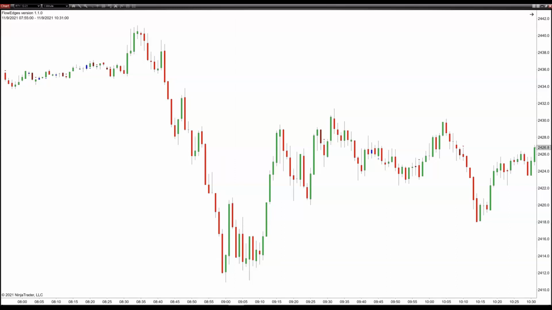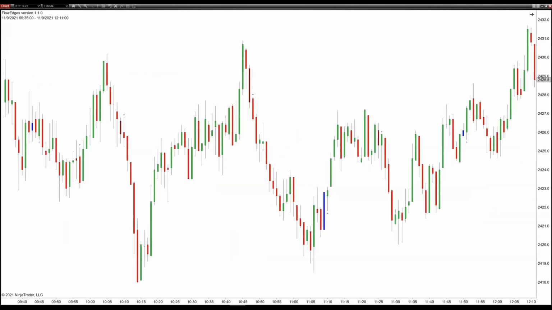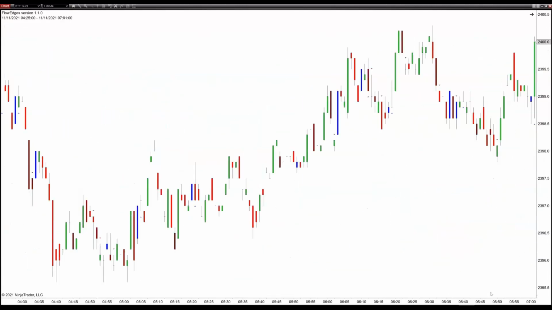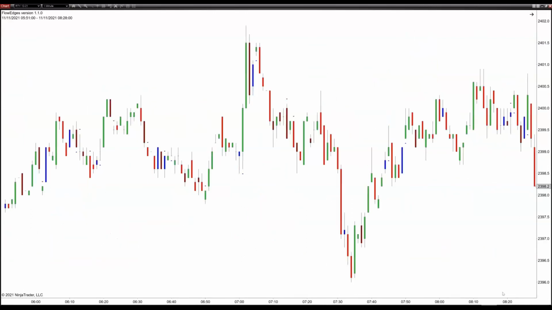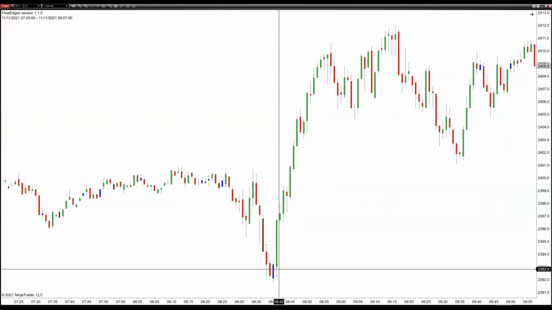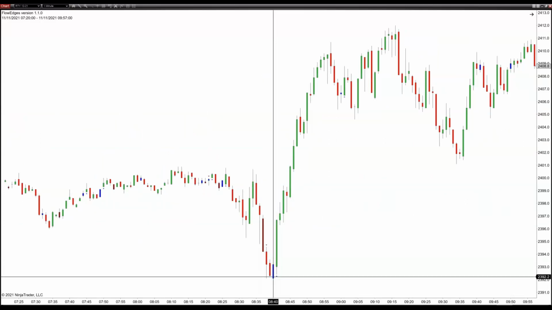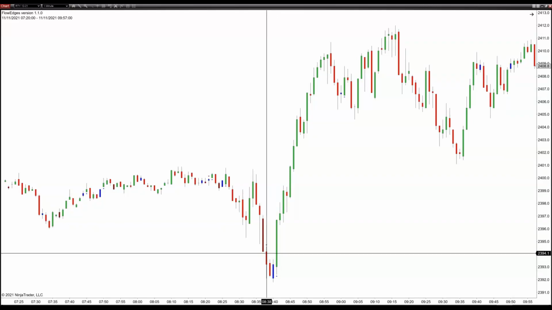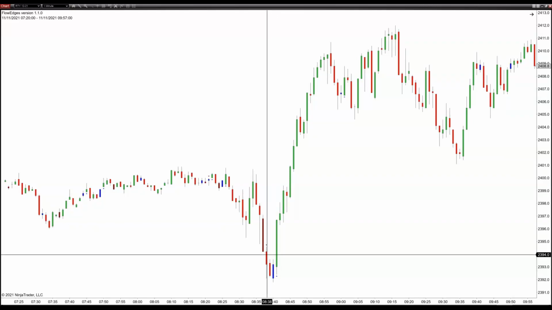In this case, in terms of the flow edge. But today, this morning, right off the open, it was there, right? This was 840. You had a sell signal here at around the 2394 area.